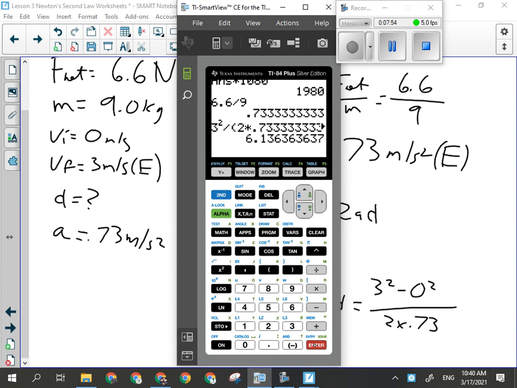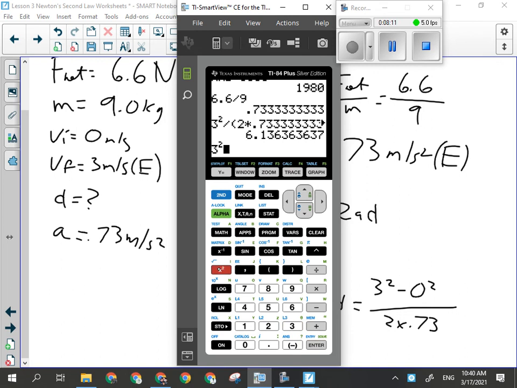Here's what I think is happening. If you don't put this in brackets, it goes 9 divided by 2 and then multiplies by 0.73, which is not the same as dividing 3 squared by 2 times 0.73. You have to do it in that order. If you don't enclose that in brackets, you're probably going to get that other answer. Let's test that out.